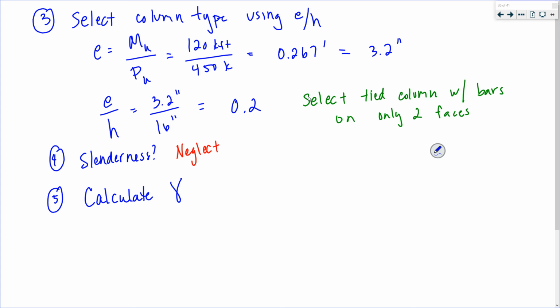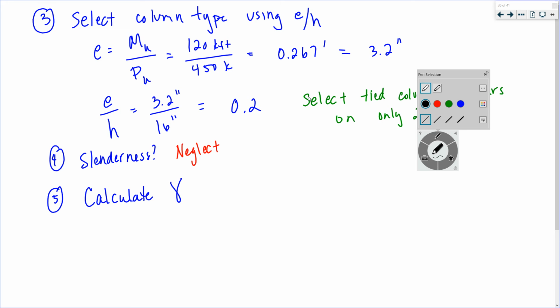You can think about how we've done this before: d minus 2.5.